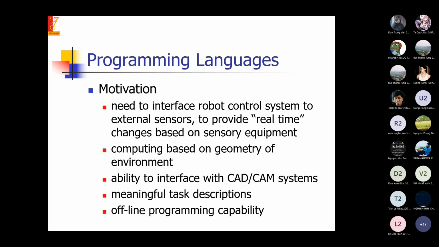So in order to make the robots work together with the CAD/CAM system, it needs the program. But the problem is, so far we haven't got a common language for all kinds of robots. And each company has its own language for its robots only.